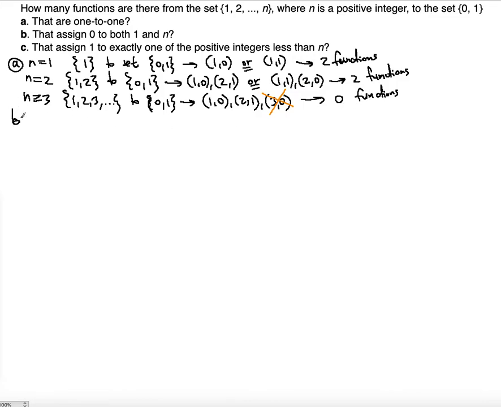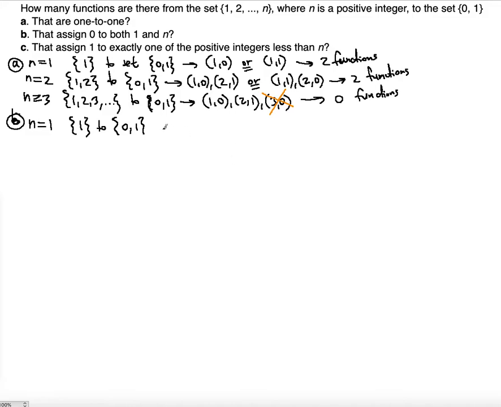So now part B says how many functions are there, and notice it doesn't say one-to-one function, it just says generally how many functions that assign 0 to both 1 and n. So here we have to think again of cases. Let's take the case when n is equal to 1. Again, you're going to take the primitive case when there's one element and you're going to map it to {0, 1}.